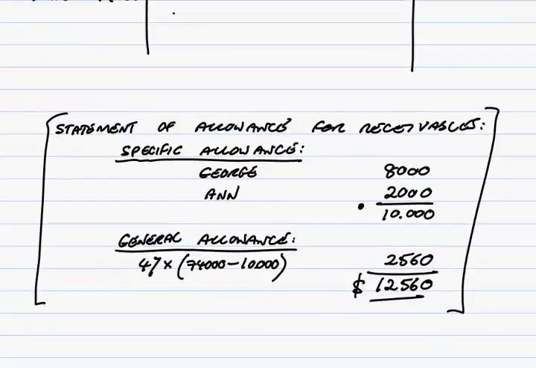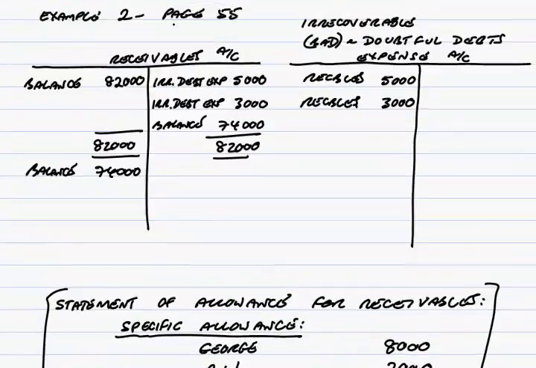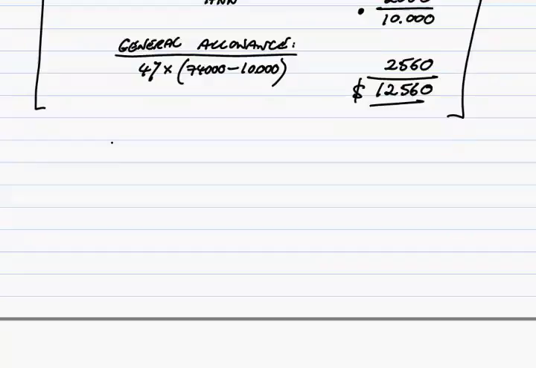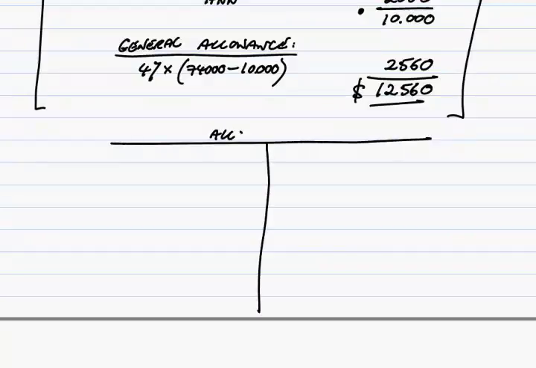And so we open up a new account. Instead of crediting receivables, we open up a new account called Allowance for Receivables. And we'll use this account to record the amount we're deducting on the balance sheet.